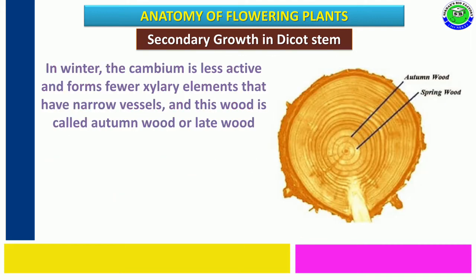But in the winter season, due to more humidity in the atmosphere, there is no need to absorb more water from the root system. At this time, the cambium activity becomes less and forms fewer xylem elements that have narrow vessels, and it becomes wood called autumn wood.